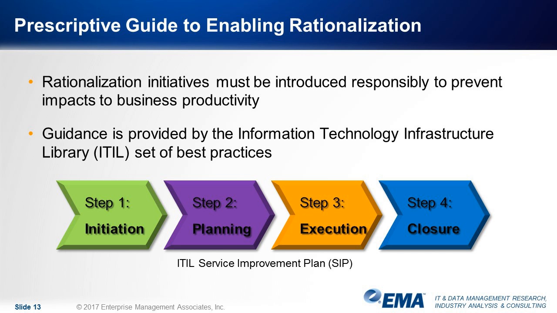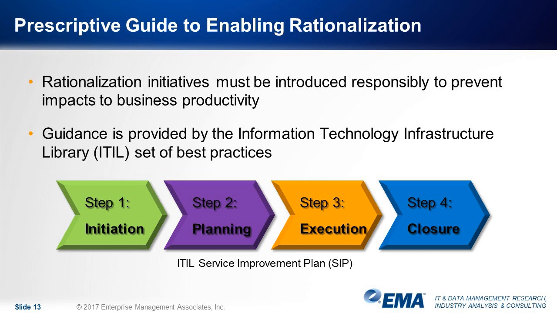ITIL recommends the use of a Service Improvement Plan, or SIP, which breaks down transition activities into 4 distinct categories. The initiation starts the project and focuses on setting expectations, achieving executive buy-in, and establishing the scope of the project. Planning is where detail is assigned to the activities and assessments are made on which resources will be required to complete the project.